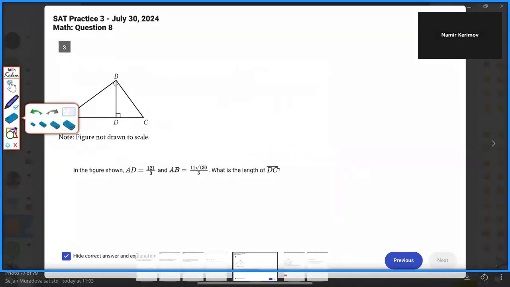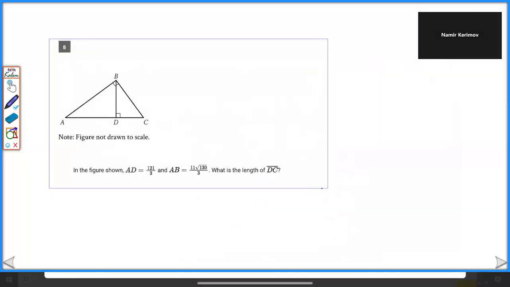AD is given, and AB is 11 root 130 over 3. How do we get 11? Maybe we can make two.